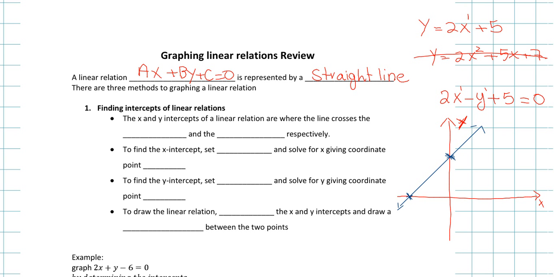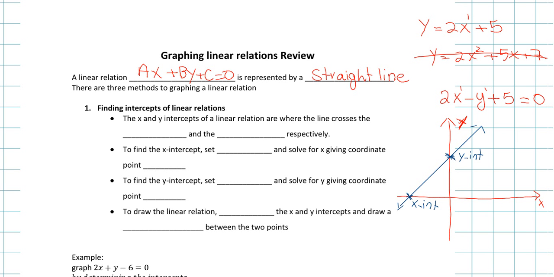This point is called the x-intercept. And this point is called the y-intercept. Okay? So a straight line, unless it's a horizontal or a vertical line, it's going to pass the x and y axis.